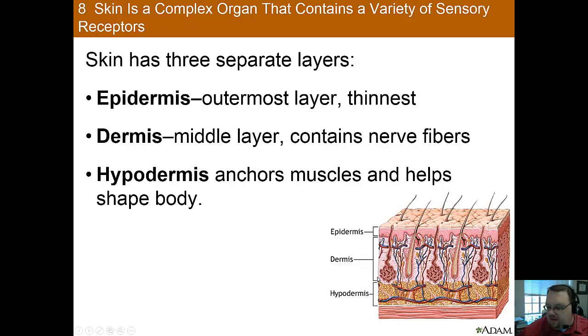You have the dermis, home to a lot of the sweat glands and the hair follicles and things like that. This is also where the nerve fibers are. And then you have the hypodermis, which is beneath the dermis, and this is where it anchors the skin to the muscles and helps shape the body.